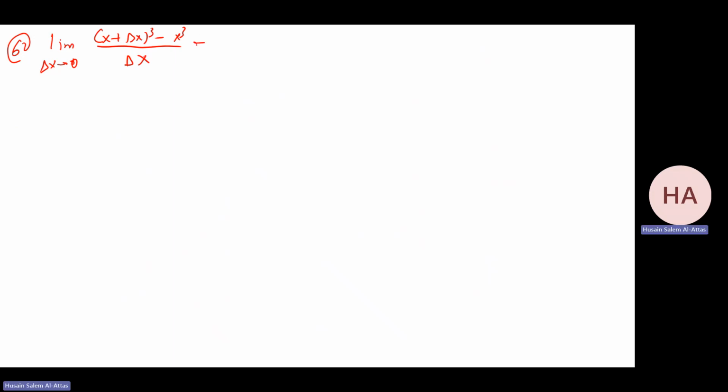Open this parenthesis: limit as delta x goes to 0 of x cubed plus 3x squared delta x plus 3x delta x squared plus delta x cubed minus x cubed over delta x.